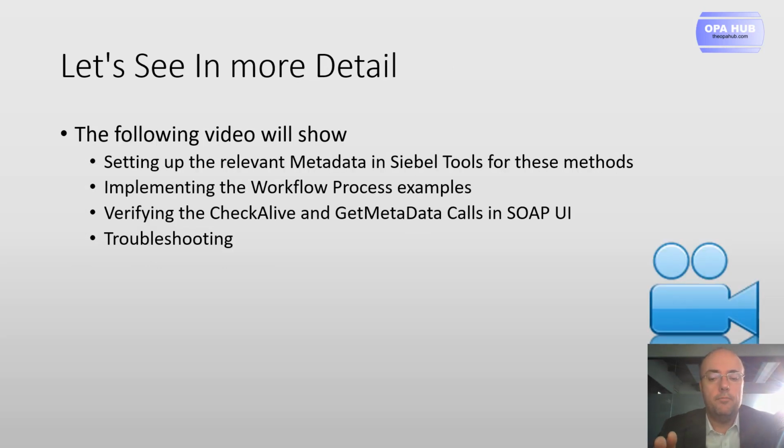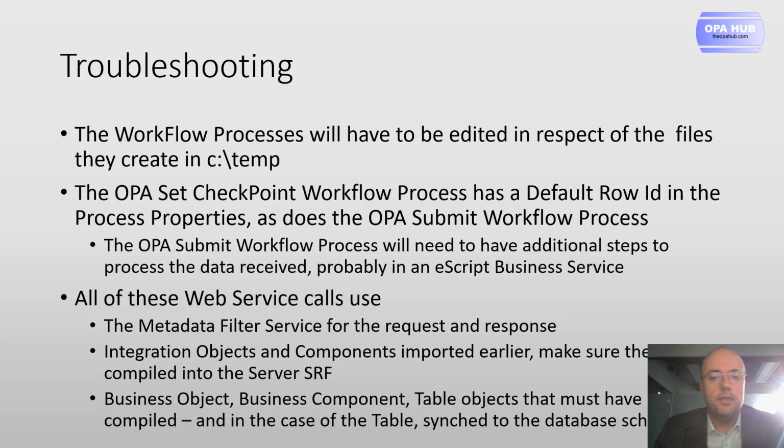Now, for now though, I suggest that you watch the videos for Check Alive and Get Metadata, that you find out about the troubleshooting methods that I would recommend, and you test it basically. Before you go into the videos, some really basic stuff now. A lot of the workflow processes will talk about C:\temp.